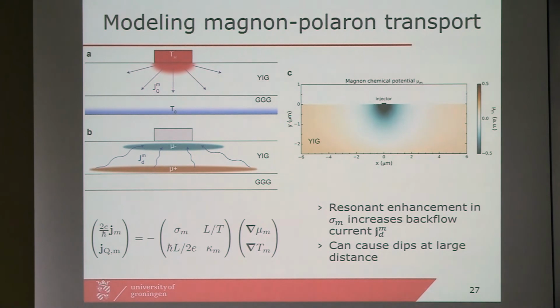And if you increase the backflow current, then both your mu minus and your mu plus would reduce in magnitude, because the magnons from mu plus replenish the depletion at mu minus. And this could cause dips at large distances. It's not trivial that it does. It depends, of course, on how much you actually increase your conductivity.